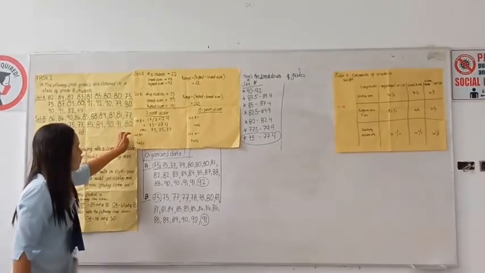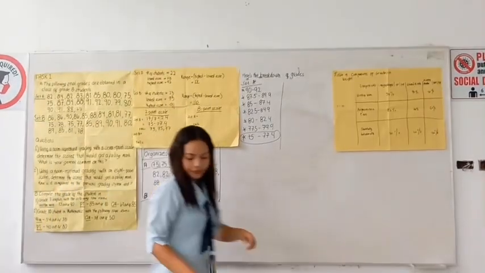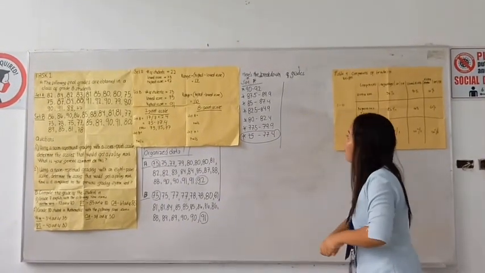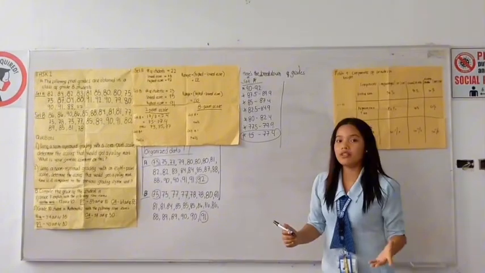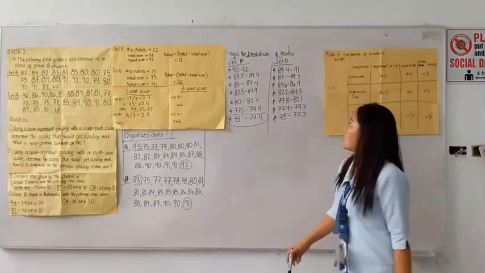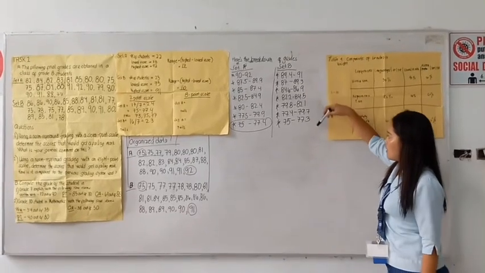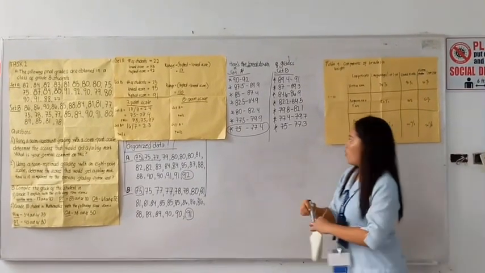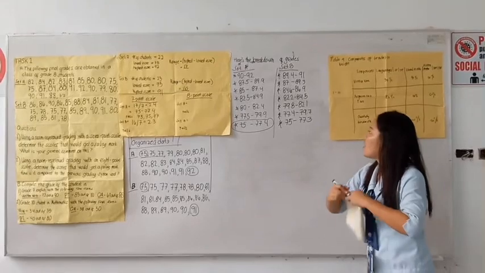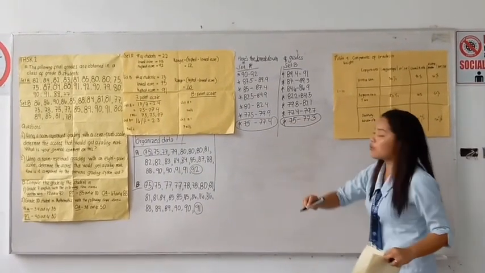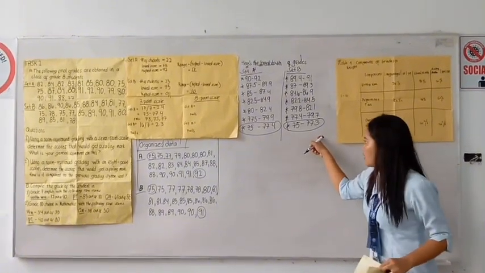Let's go on to set B. We have to break down the grades for set B. We already have the breakdown for set B, in ascending order. In this section, we have the failing grades, 75 to 77.3.